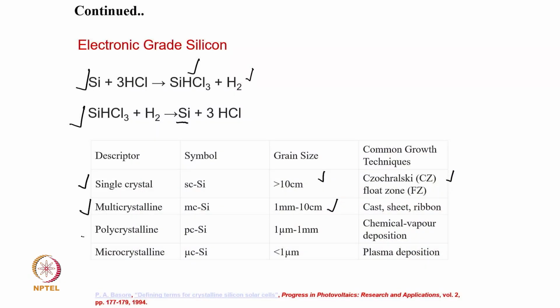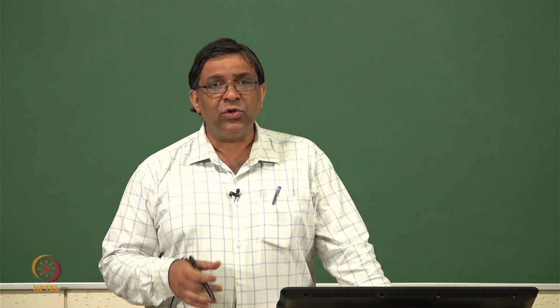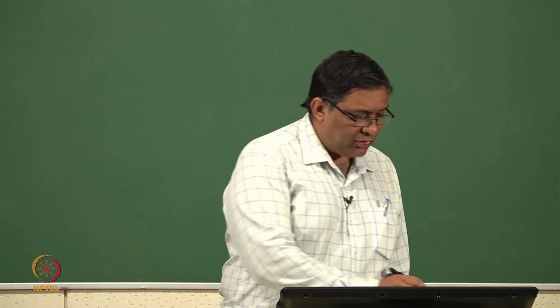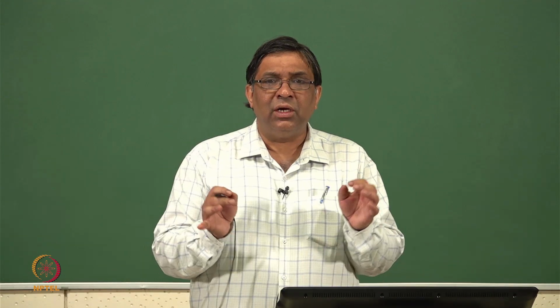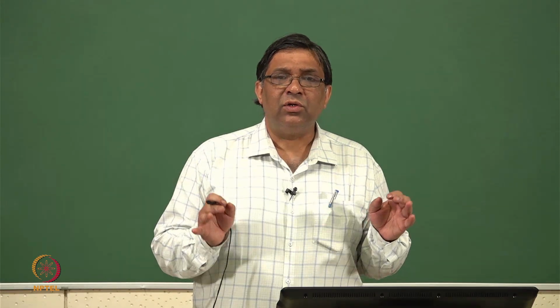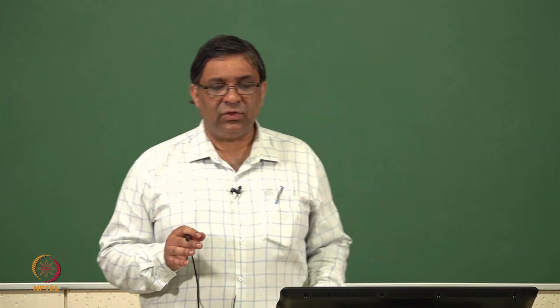One can have polycrystalline silicon also, where the grain size is less, and then here you can also use a chemical technique like chemical vapor deposition, etc., to make a polycrystalline silicon, and these are also used for solar cell. Or one can have microcrystalline silicon whose grain size is even less, and one can have a physical technique or a combination of physical and chemical technique like plasma deposition, etc., to grow a microcrystalline silicon.